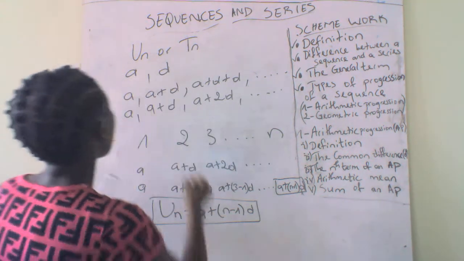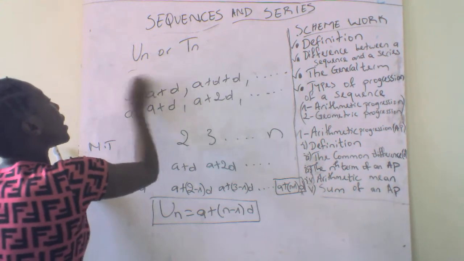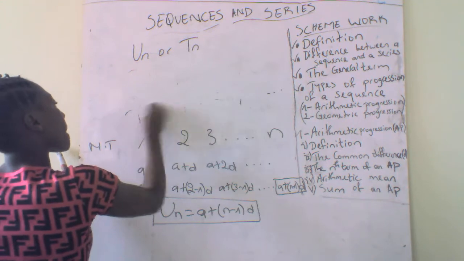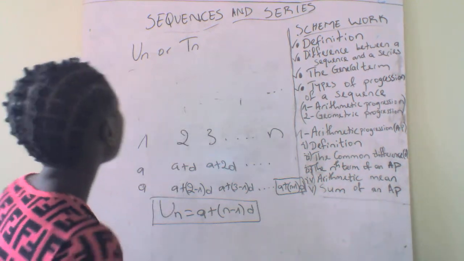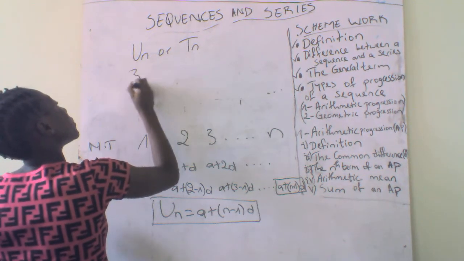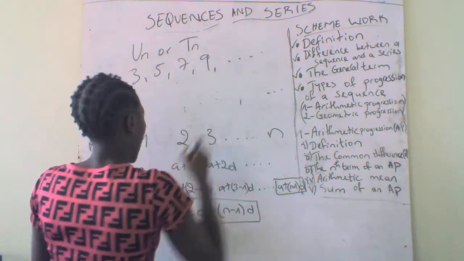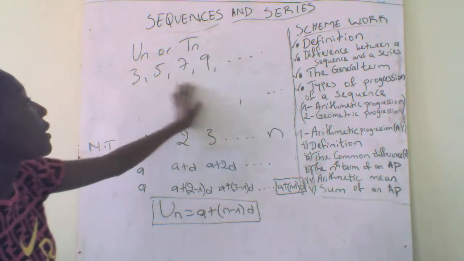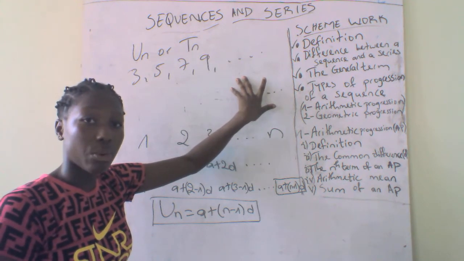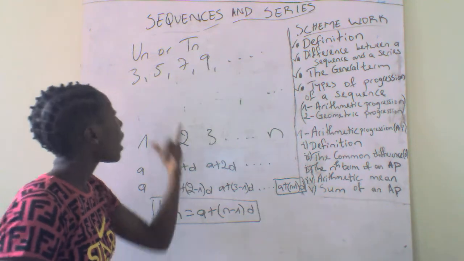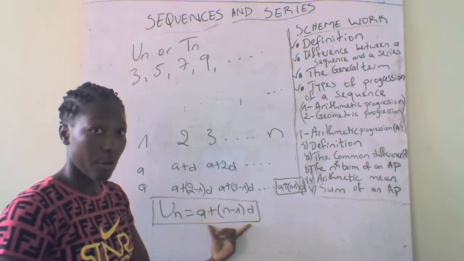If you are given, for example, this arithmetic progression, 3, 5, 7, 9, and you are asked to look for the fifth term, you just have to substitute the values into our formula.